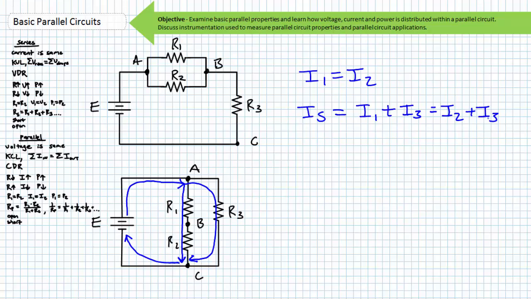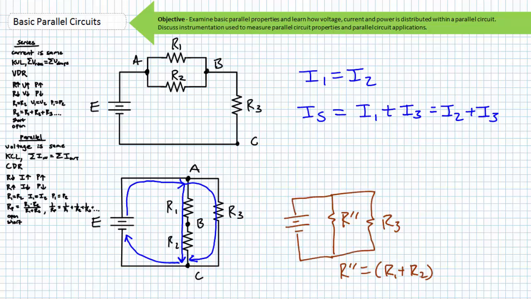Additionally, since we are aware that R1 and R2 are in series with one another, we can think of this left-hand branch as being a single imaginary resistor, which we'll call R double prime, where R double prime is a series combination of R1 and R2. If we wanted to solve for the total resistance seen by this source, it is clearly R double prime in parallel with R3, where R double prime is a series combination of R1 and R2.